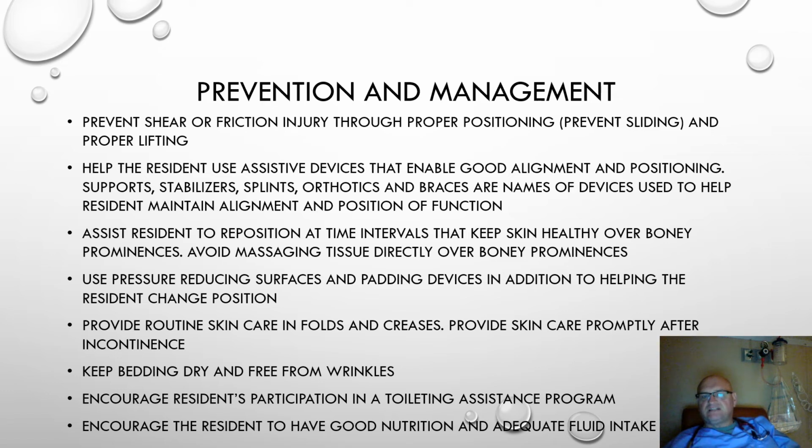Avoid massaging the tissue directly over the bony prominences. Use pressure reducing surfaces and padding devices in addition to helping the resident change position. There are different types of mattresses out there that help reduce the pressure. There are also different types of overlays for mattresses that we can use to help reduce pressure.